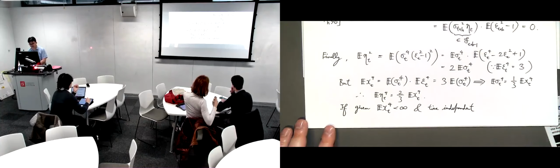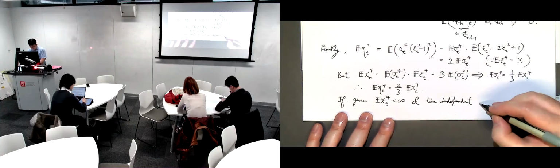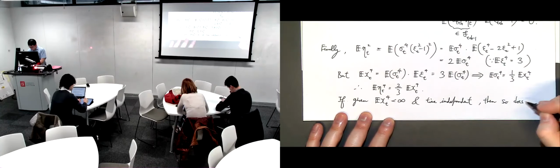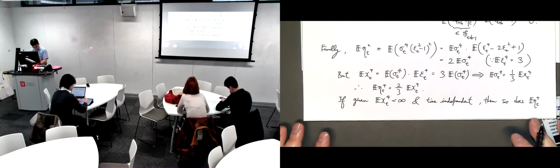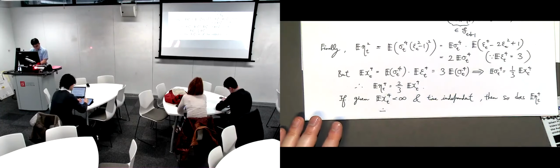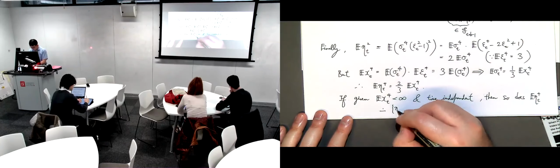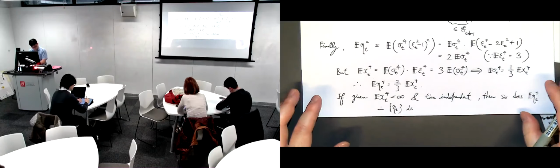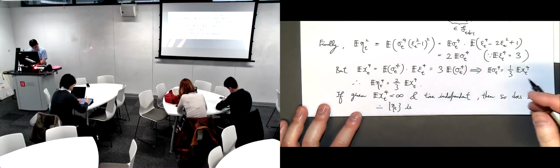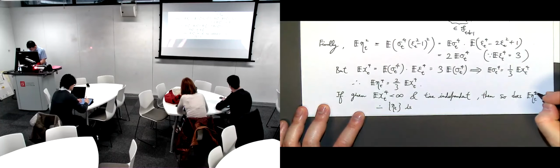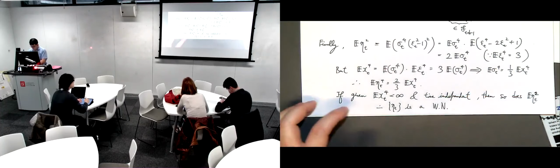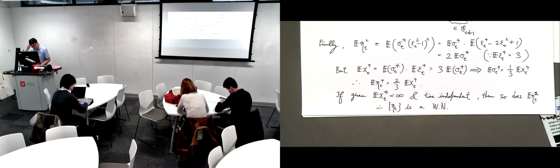So that's explicit here. Then so does the second order moment of eta_t, eta_t squared, not fourth order moment, sorry. And so you prove that eta_t is a white noise. And that's the end of the proof, right?